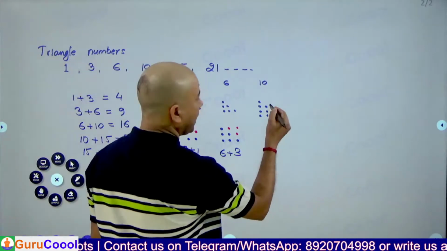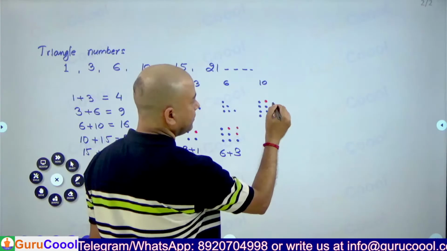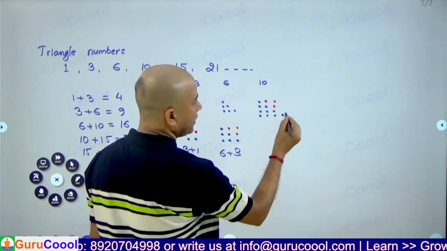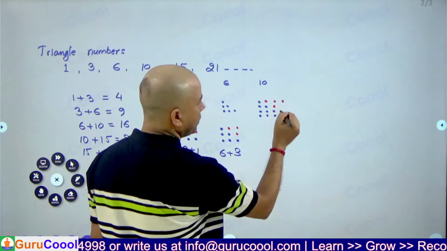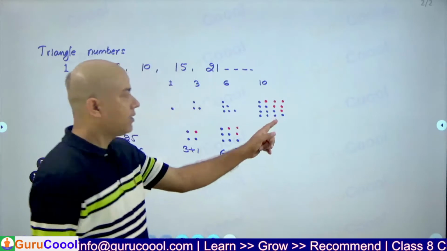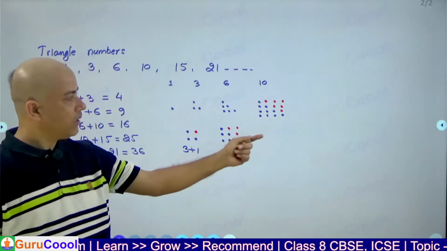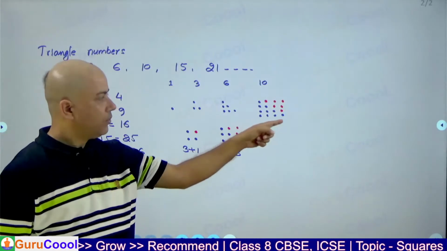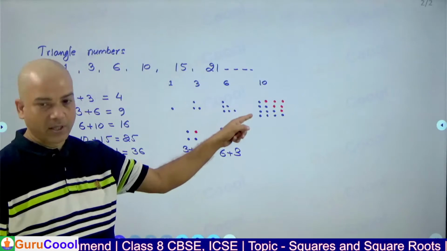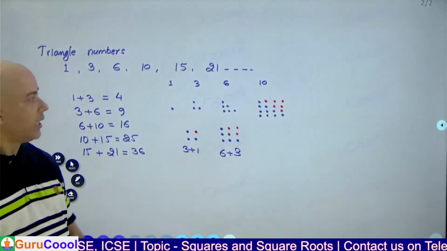If I supply 6 extra dots, 1, 2, 3, 4, 5 and 6, I supplied 6 dots extra and it's a square now. Check. Length 4 dots. Breadth 4 dots. Length and breadth are equal. It's a square now. Total 16 dots collected.